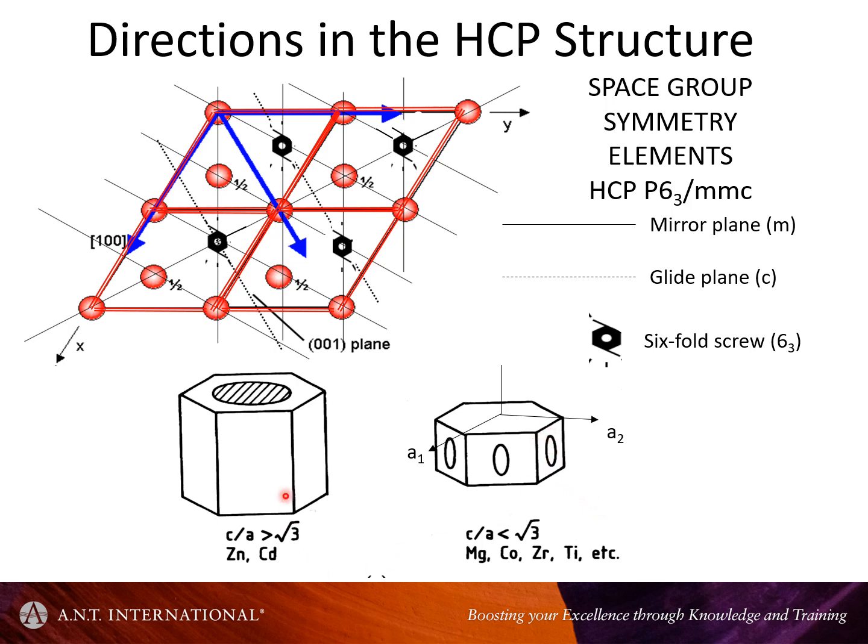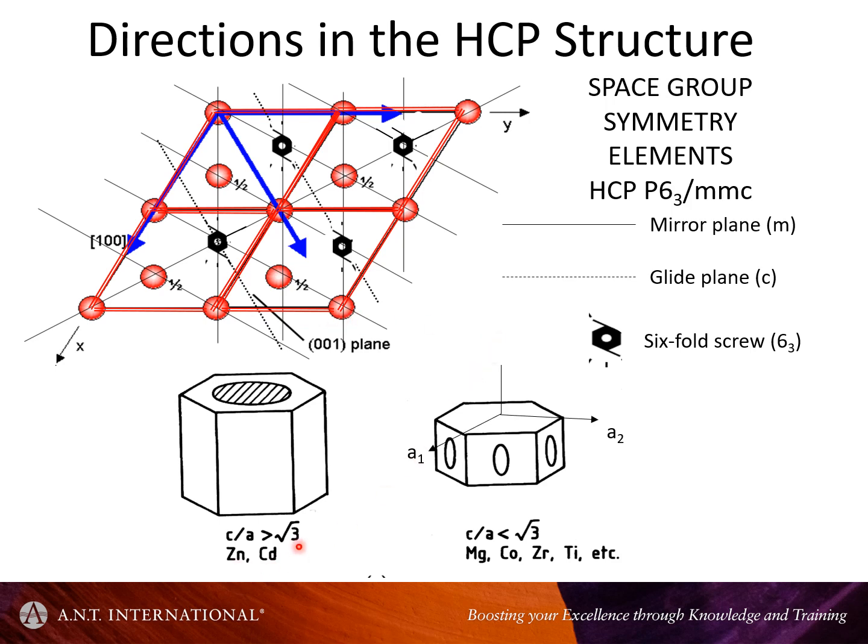The ratio of this long axis, what's called the unique c-axis, and the a-axis, which is the distance between the atoms in the basal plane, varies depending on the element.